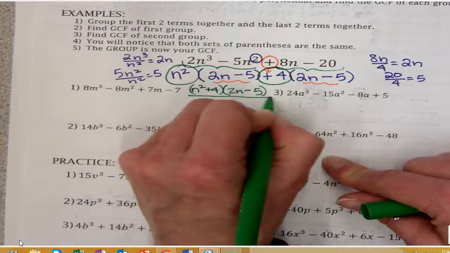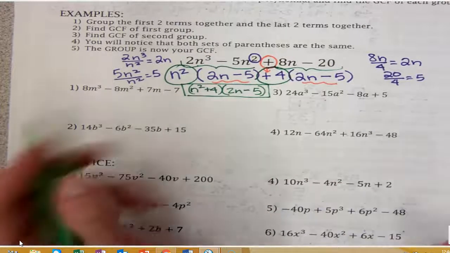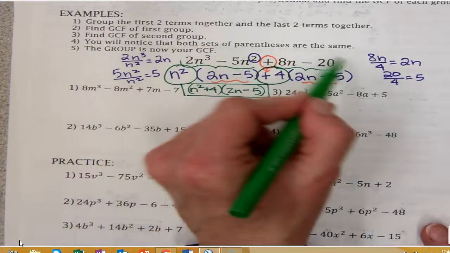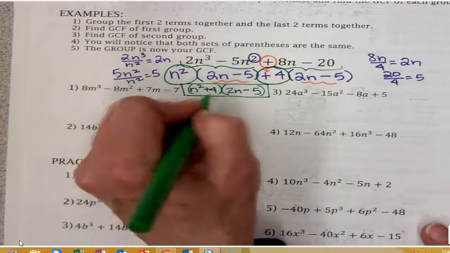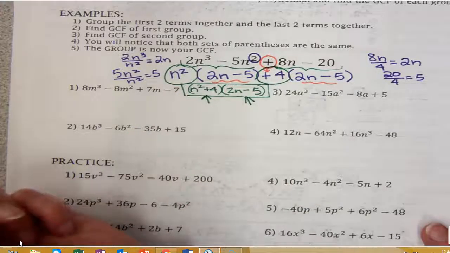This is the answer I'm looking for. So we've basically broken down this 4-term polynomial into the 2 factors that multiply to get it.